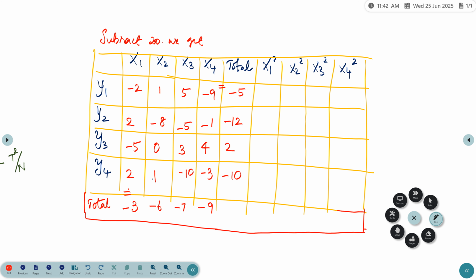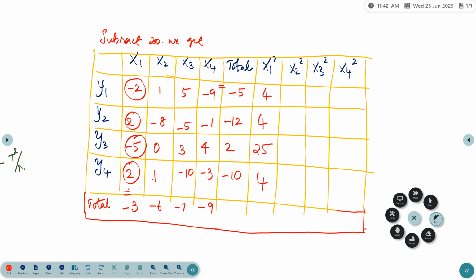Next, x1 square. x1 square means we are going to square the x1 values. Here it is minus 2; squaring minus 2, minus and minus is plus, we get 4. Similarly, 2 square is 4, minus 5 square is 25, and 2 square is 4. Similarly, we perform this for all the values.